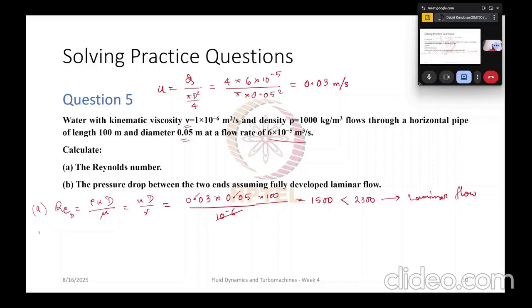Okay. Now, the second question is the pressure drop.